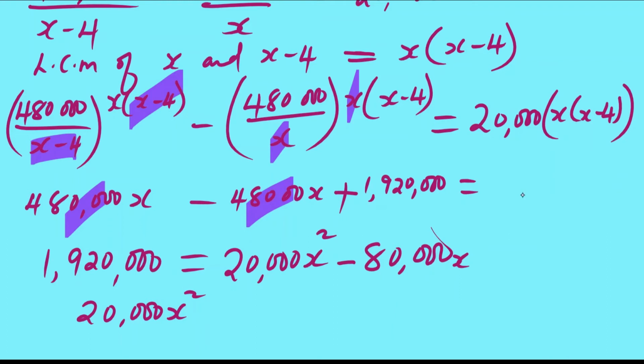The space is not enough. So when you multiplied these, you got 20,000 X squared minus 80,000 X. So that one should be X.